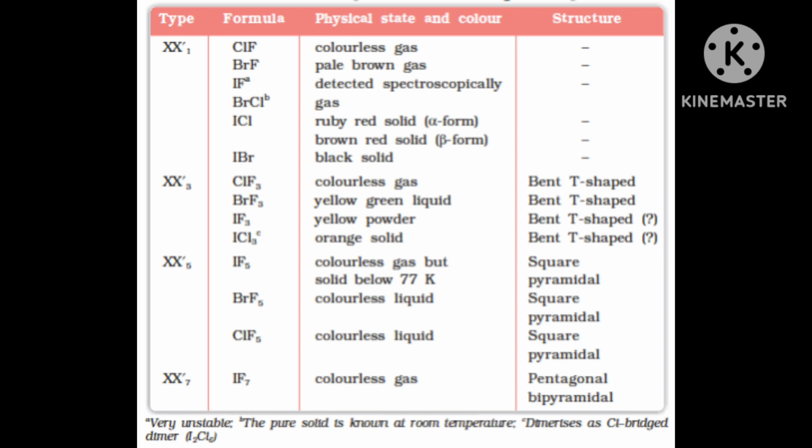Reaction: Cl2 plus F2. You add Cl2 first and then fluorine F2. Why? Because chlorine is less electronegative than fluorine, so chlorine will function as electropositive, and fluorine, which is more electronegative, will behave as electronegative.